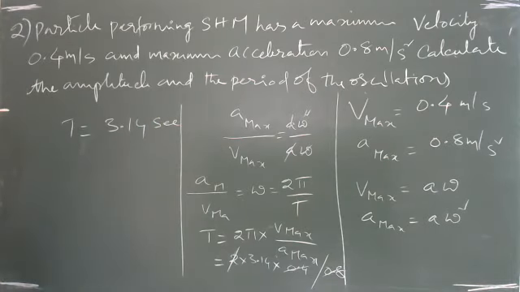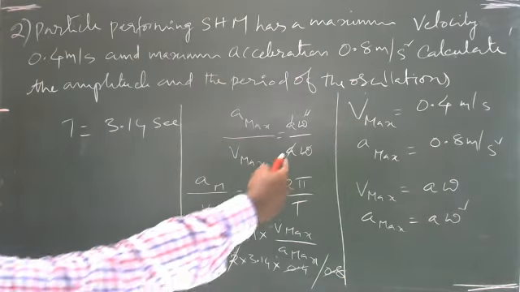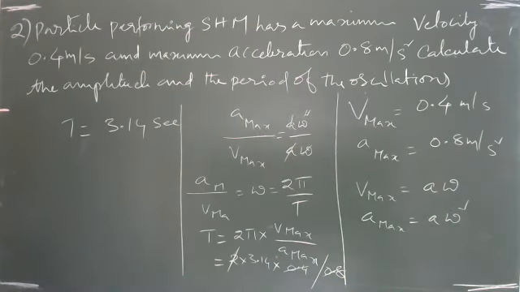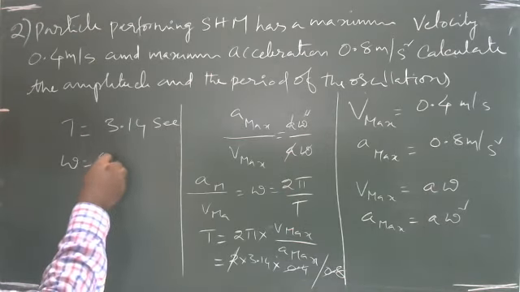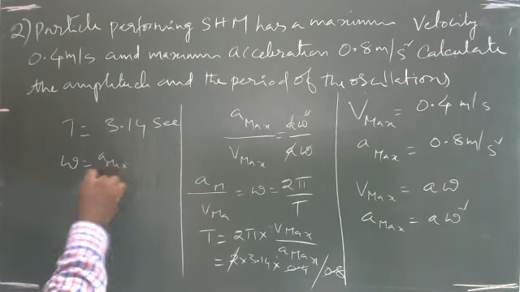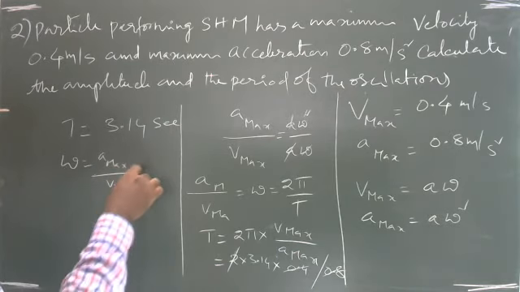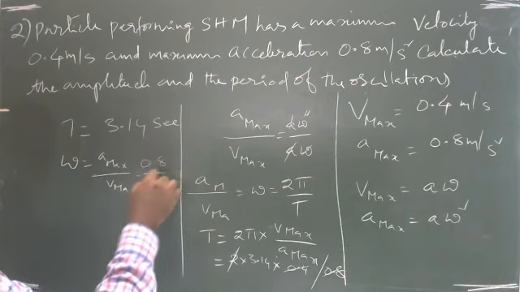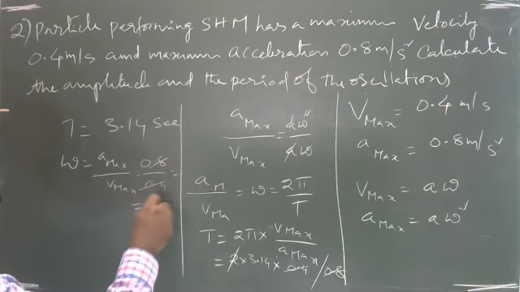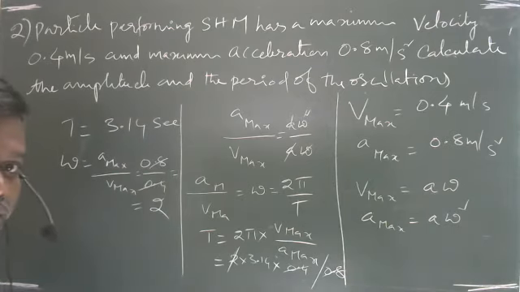Omega is equal to A max by V max. That is equal to 0.8 by 0.4. That is 2. So you will get omega as 2.